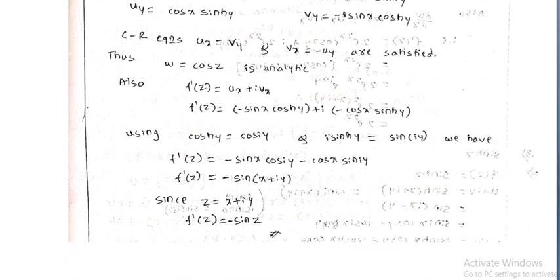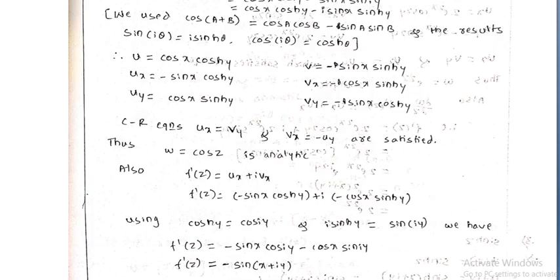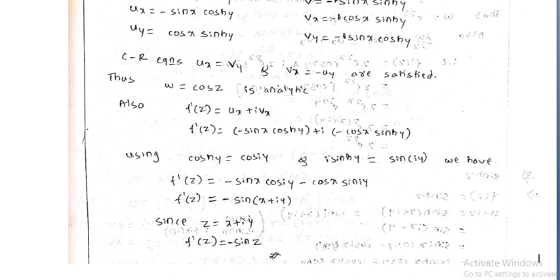Now again we use the conditions cos i theta is cos hyperbolic theta, and sin i theta is i sin hyperbolic theta. According to this, cos hyperbolic y is cos iy, and i sin hyperbolic y is sin iy, and the sign is minus here.